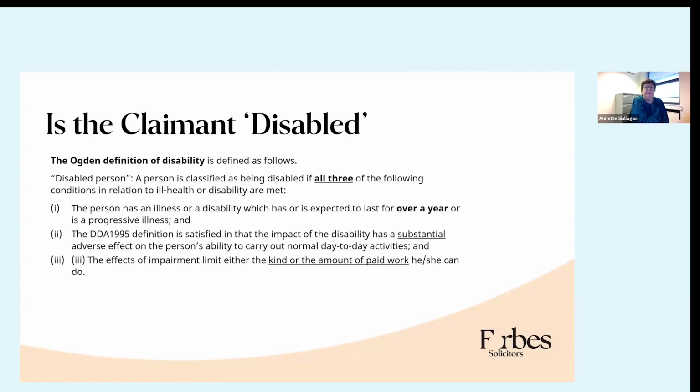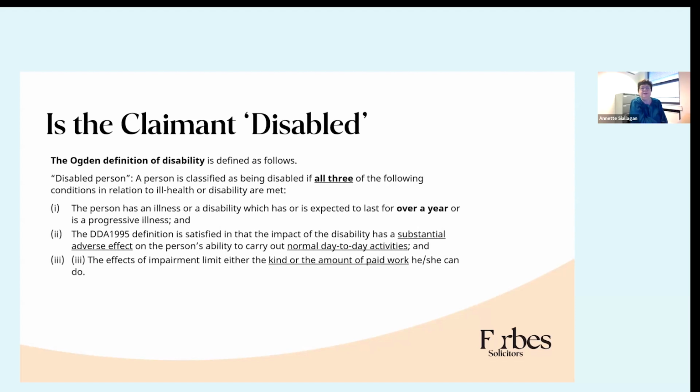So just in the DDA, a person is disabled if they meet all 3 of the following. They have to have an illness or disability which is expected to last for over a year or is a progressive illness.